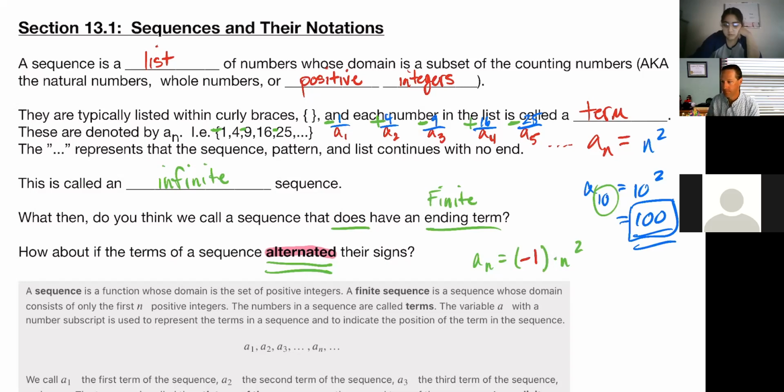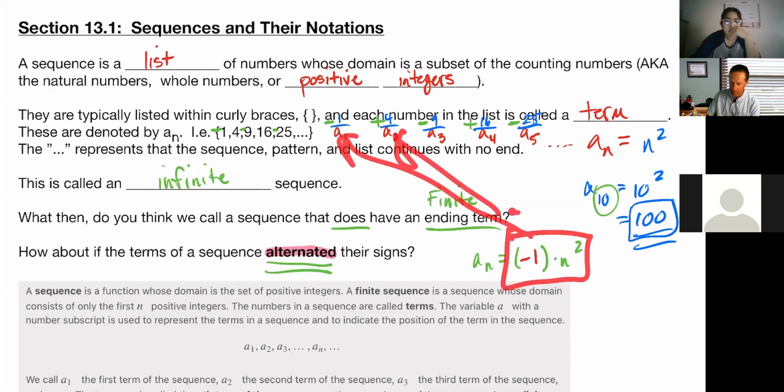A negative, right? And that -1 is going to be the thing that is going to change these and alternate them. But if I just multiply a -1 times this, what is anything squared always going to give you? Positive. Very good. And so every single one of these would therefore then be negative.